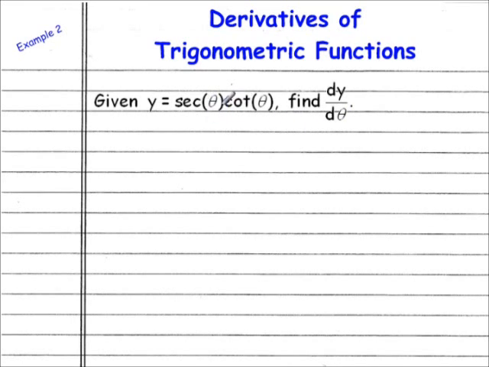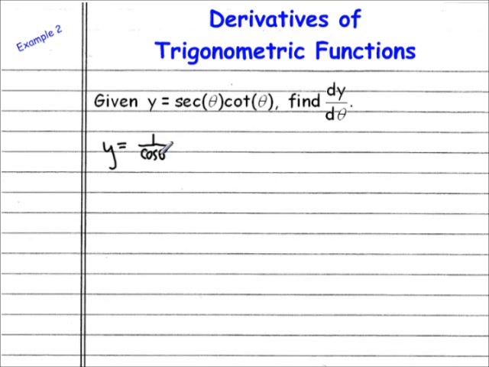Now, our first thought in this problem is this is clearly a product of two functions, secant of theta and cotangent of theta. But a lot of times we get a lot of mileage by remembering identities, and old information goes a long way in simplifying a problem once in a while. So occasionally what I'll do is look and see what I have. Well, the secant of theta is actually 1 over cosine theta, isn't it?